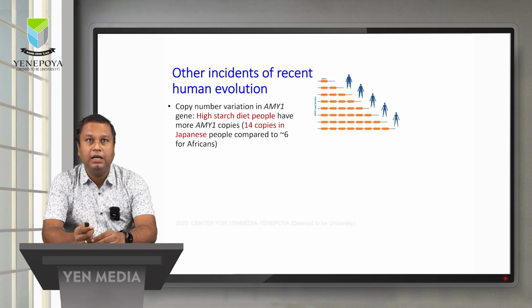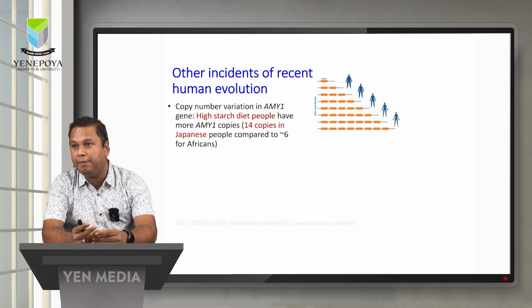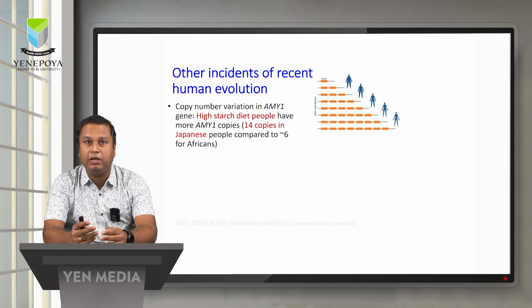For example, the first example that we will see is something called the amylase 1 gene. Amylase 1 is a gene that codes for AMY1, that's the gene's name. Have you heard about amylase? Amylase is an enzyme that helps to digest amylose, the sugar.